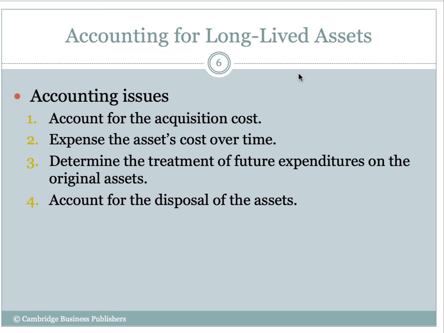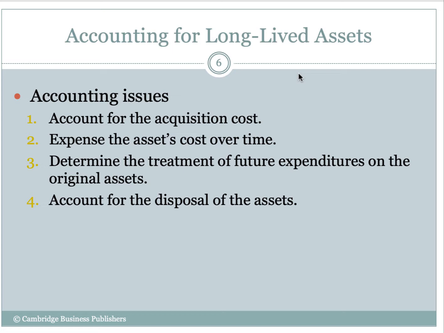And then remember, all through this course, we've been talking about accrual accounting. Accrual accounting says we need to match up the expense with the revenue that expense helped to generate. Great, well, how do we expense an asset? Because when we first buy an asset, we debit furniture and fixtures, or we debit equipment, and we credit cash.